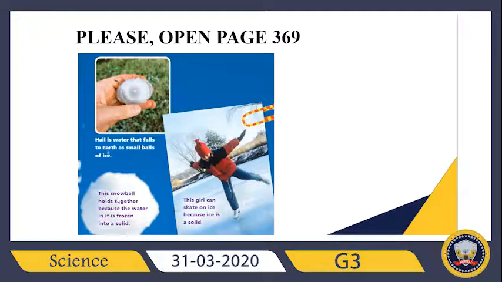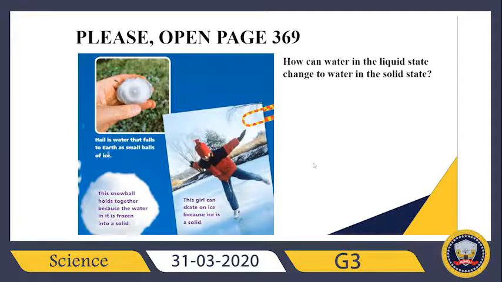This snowball holds together because the water in it is frozen into a solid. Good. What about this? How can water in the liquid state change to water in the solid state? How can they change? Temperature must get lower, right?